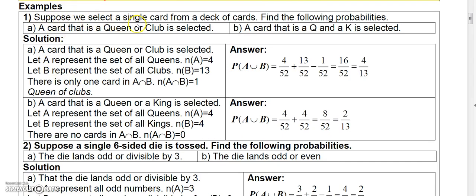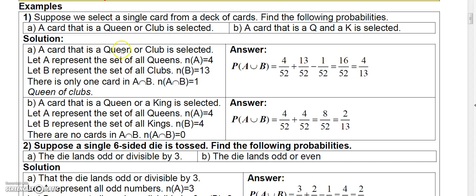Suppose we select a single card from a deck of cards. Let's find the probability that we get a card that is a queen or a club. The "or" there, to me, is a red flag that identifies the union.